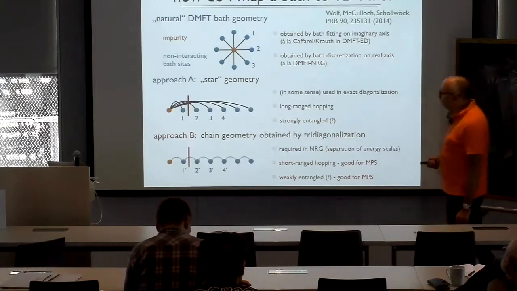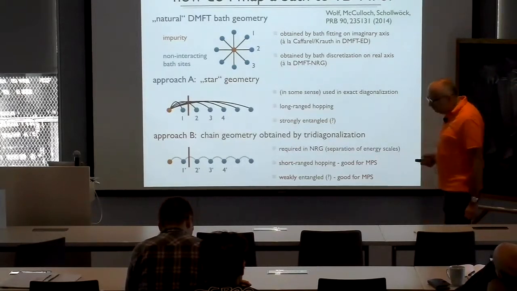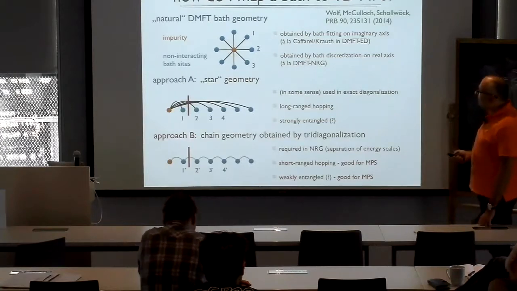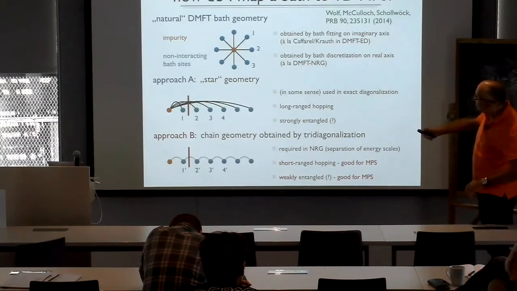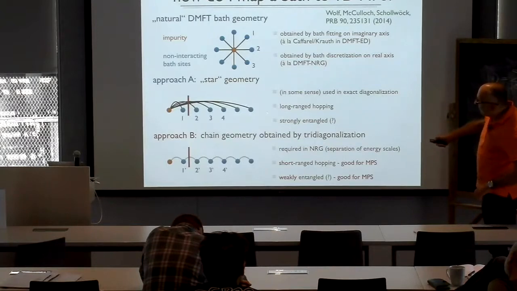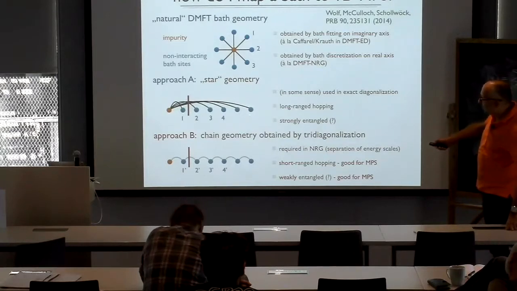So you could do two things, among other things. One we call the star geometry. Well, you don't see much of a star here, but I think about it like this: I step onto this object, which is a star, and I flatten it out. So you get these really long-ranged hopping terms.